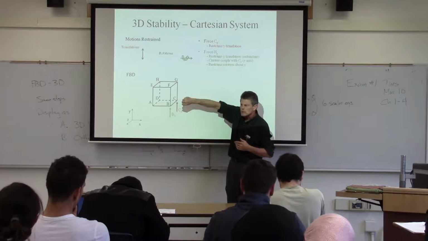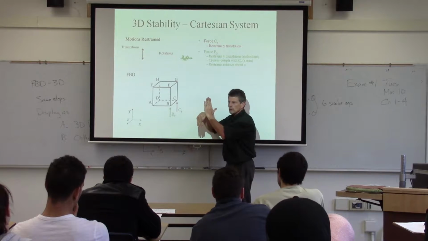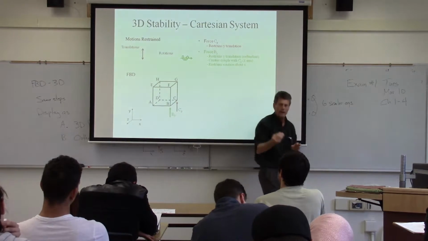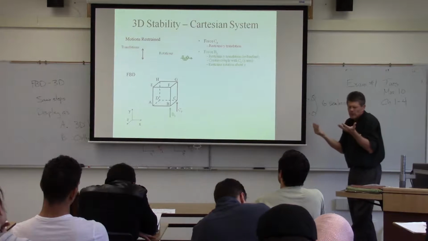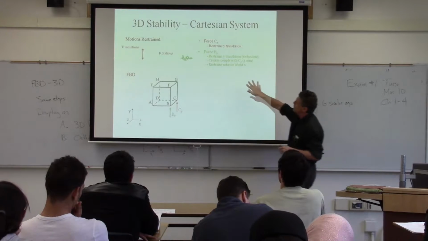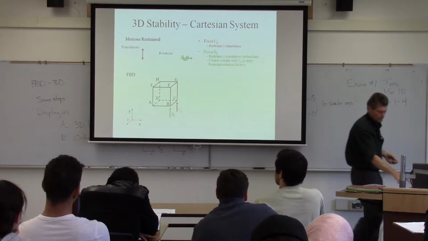So if I try to twist this thing in this direction there, one of these forces can go this way, one of these forces can go that way, and resist my rotation. So in terms of support, I like having two of them out, even though it's redundant in the y direction there, it gives me this extra capability in terms of resisting that rotation.